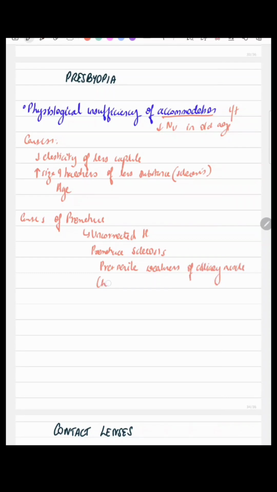Chronic simple glaucoma can also cause premature presbyopia. Management includes prescription of appropriate convex glasses for near work. Surgery: we can do monovision LASIK and presbyopic bifocal LASIK.